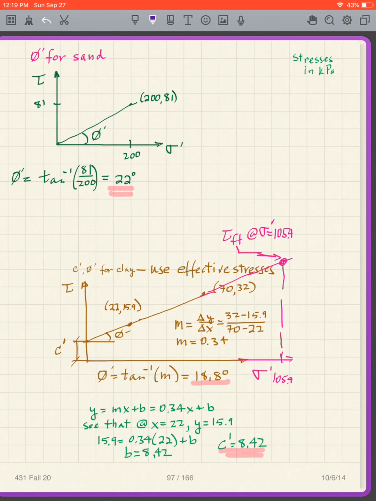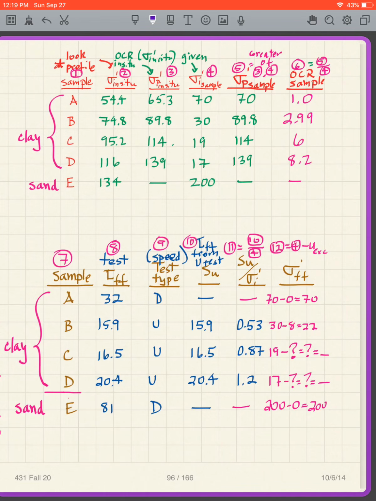So what do I do? I need 2 points to plot my failure envelope for my clay drained. These are the only 2 that I have, because for the others I don't know what they are.